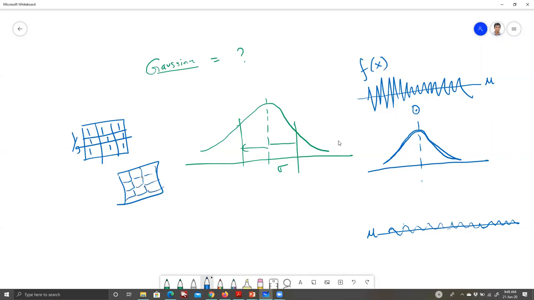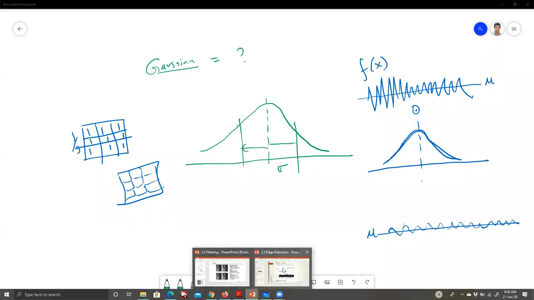But once you apply the Gaussian filter, the patchiness is very little. It is very well smudged. How Gaussian works is, near the mean it is highest, and as it goes beyond, it starts to decrease. That is the effect of Gaussian.